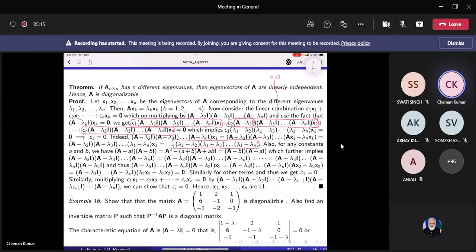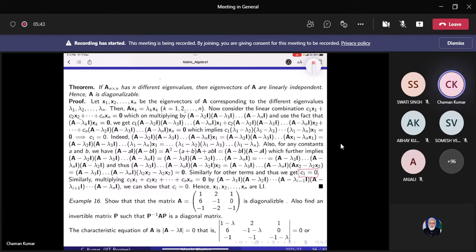Since lambda 1, lambda 2, lambda 3, and so on, lambda n are distinct eigenvalues, the only possibility for this product to be 0 is that C1 is equal to 0. So now we are able to prove C1 is equal to 0.